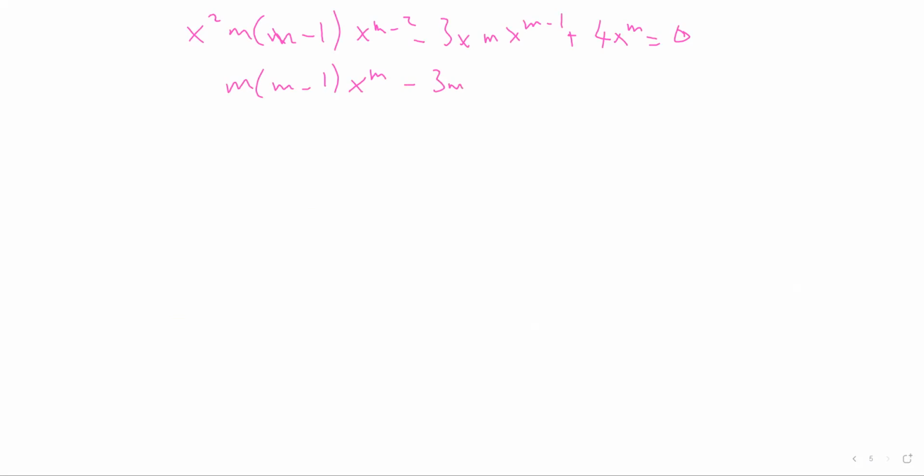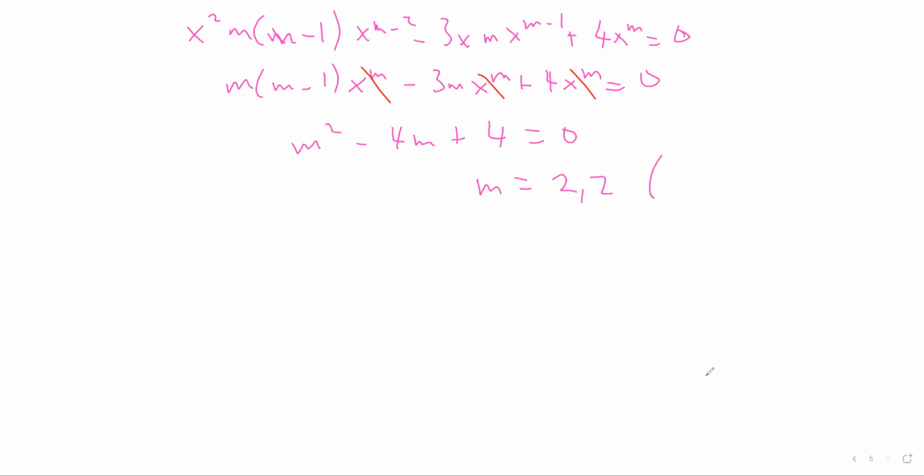With the same procedure, now you have m squared minus 4m plus 4 is equal to 0, and m is 2 and 2.